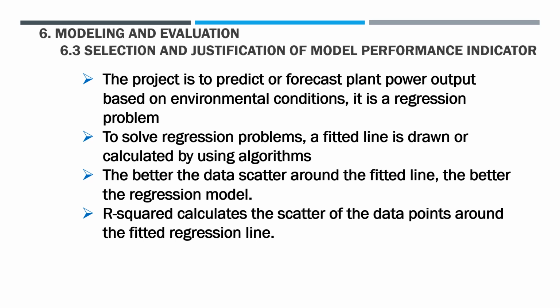The better the scatter around that best fit line, the better the regression model is. R-squared calculates that scatter around the fitted line. Therefore R-squared was chosen as the model performance indicator for all these regression models that we have used.